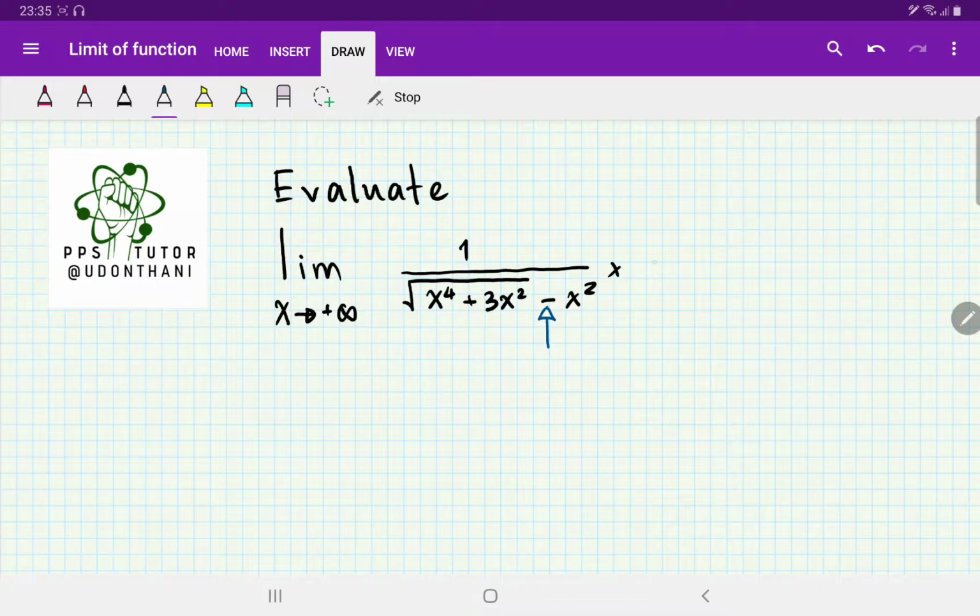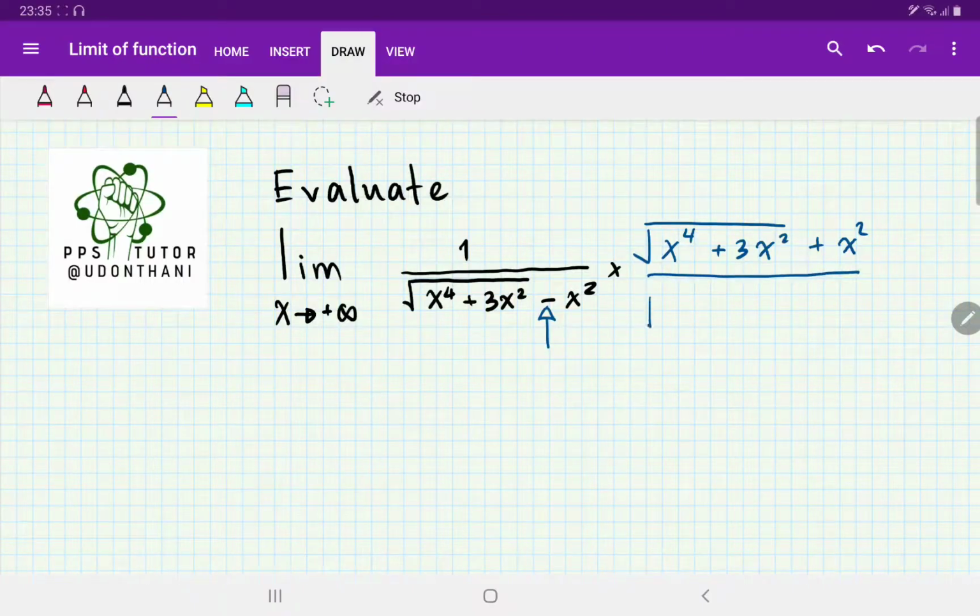So we multiply by the square root of x power 4 plus 3 x power 2, plus x squared, and we have to divide by the same thing.